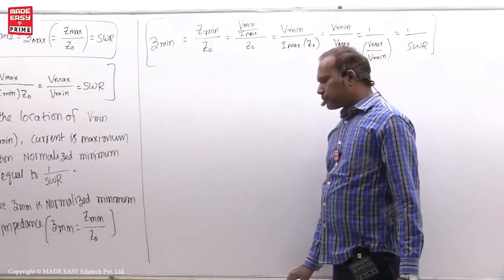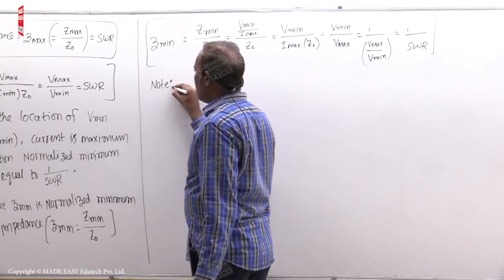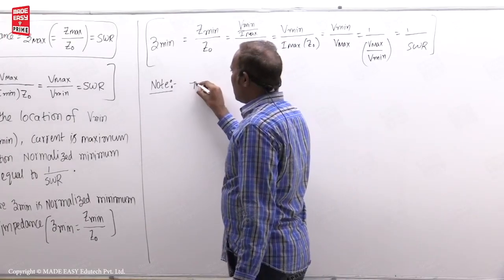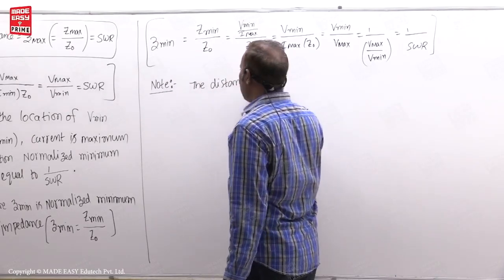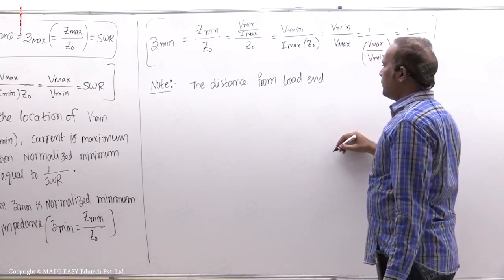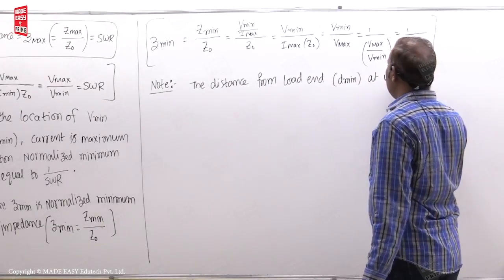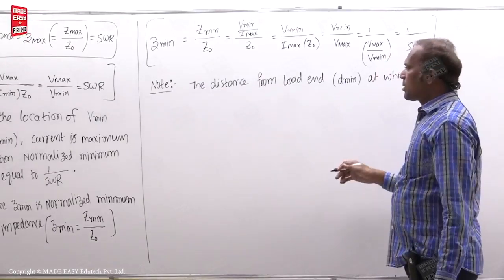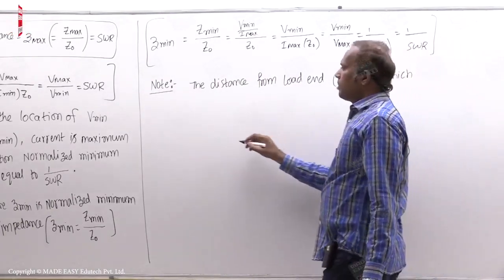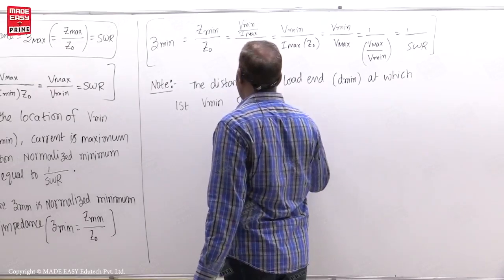Now listen students, here I am writing the distance from load end, the distance from load end, that is called D minimum, at which the first V minimum occurs.